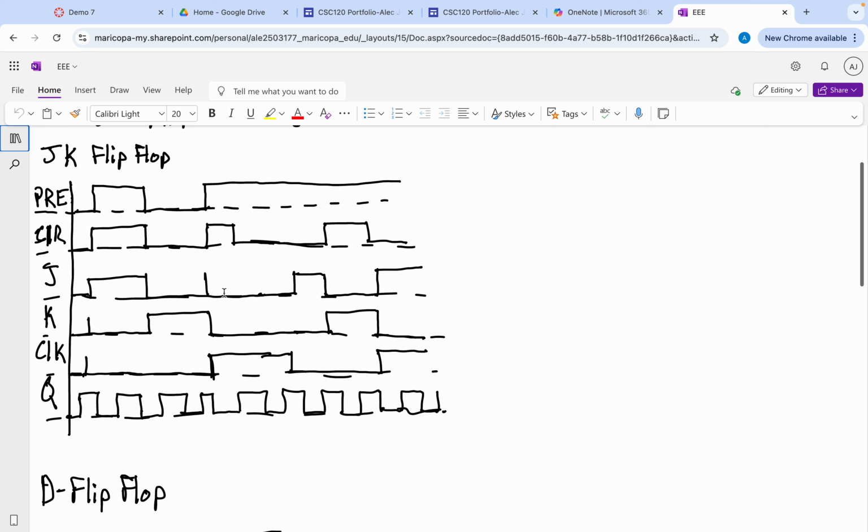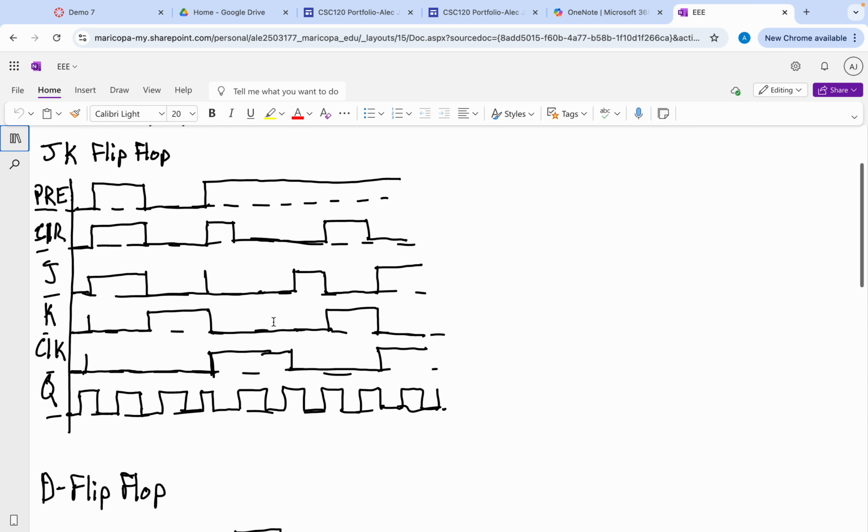When J equals 1 and K equals 1, on rising clock edge, Q toggles. And when J equals 0 and K equals 0, there's no change. So this diagram shows J toggling high, low, high, low. And this impacts Q only when the clock rises. So when you see clock rises, it impacts Q.